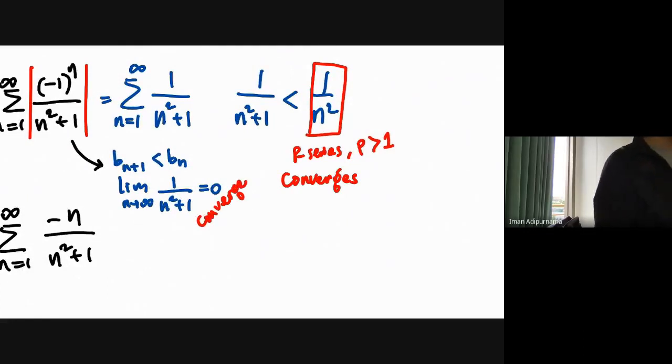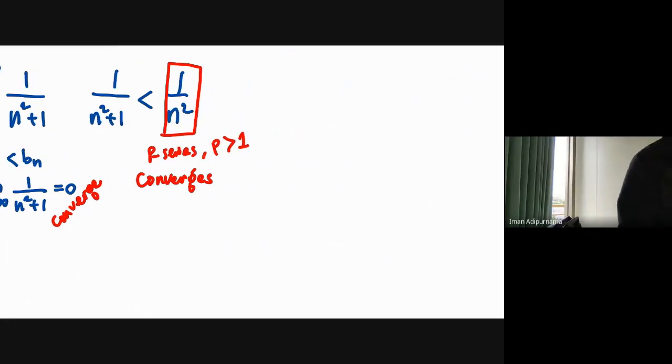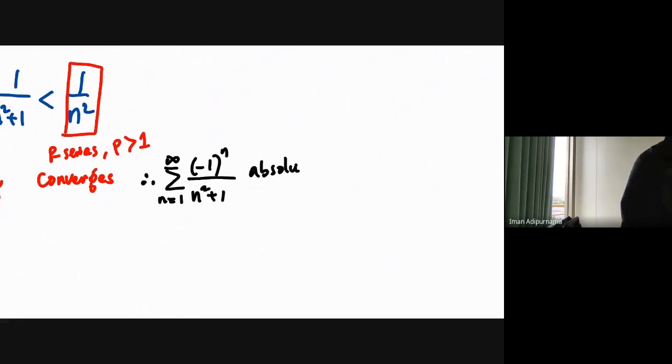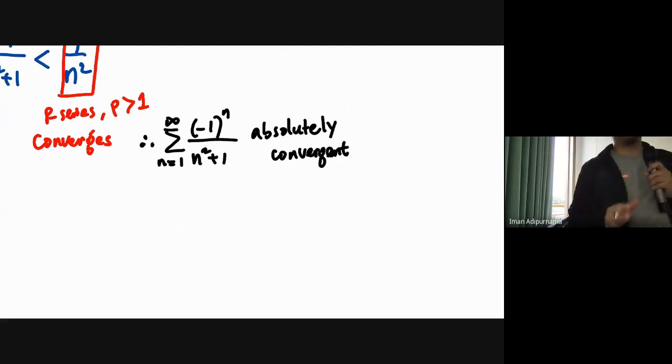So we have convergence in its alternating series and also convergence in its absolute value. So we have double convergence here, right? We say here the conclusion: the series is absolutely convergent. And because it's absolutely convergent, of course, the whole series is convergent.